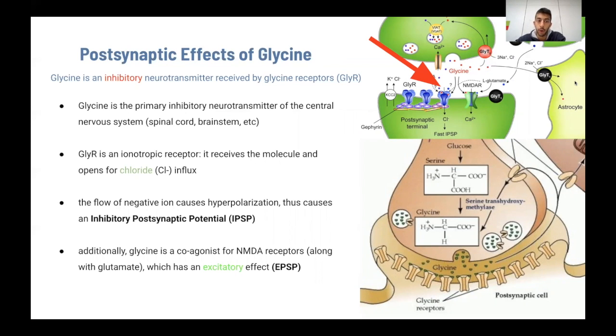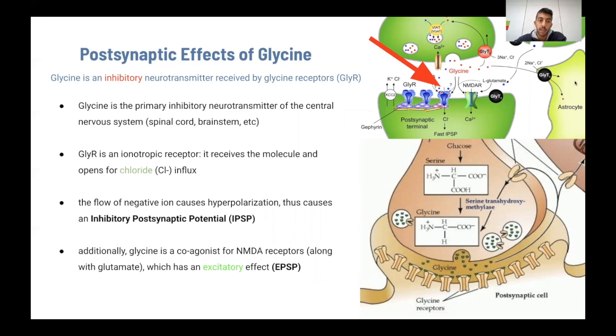And the flow of that negative ion causes hyperpolarization. So it causes an inhibitory postsynaptic potential, an IPSP. On the right, you can see a picture of multiple different neurotransmitters, but glycine here is attaching to the GLYR glycine receptor and causing chloride influx.